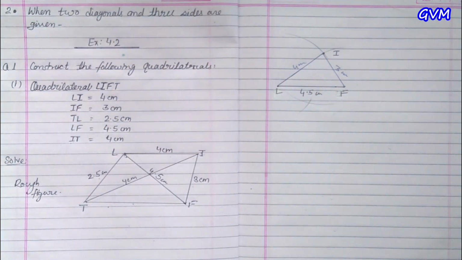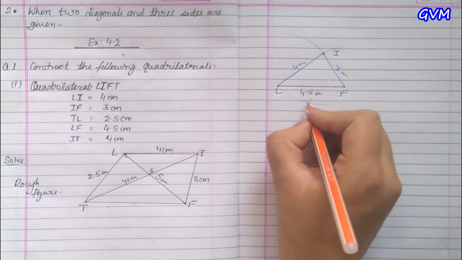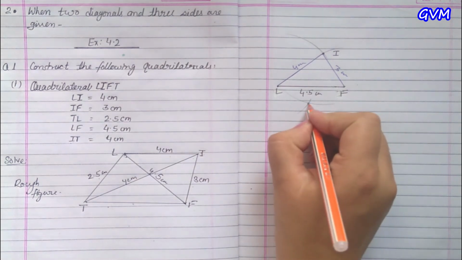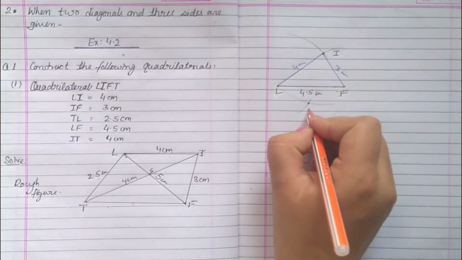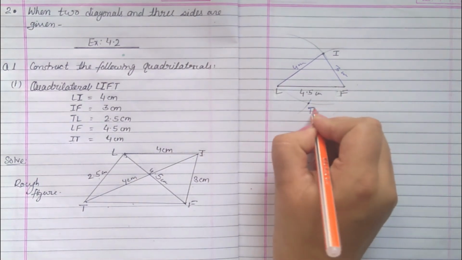The intersecting point of these two arcs will be T.